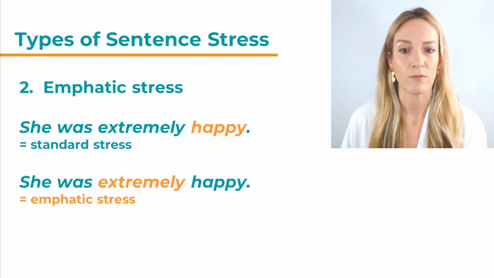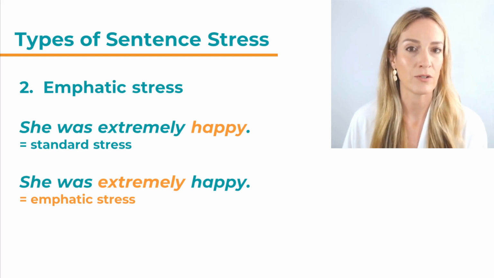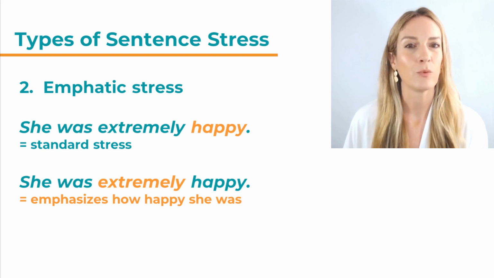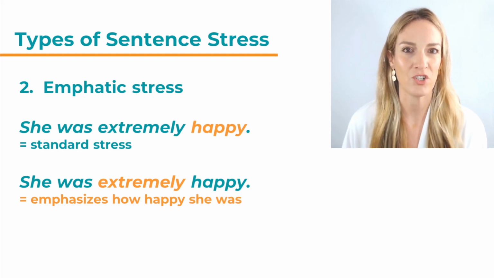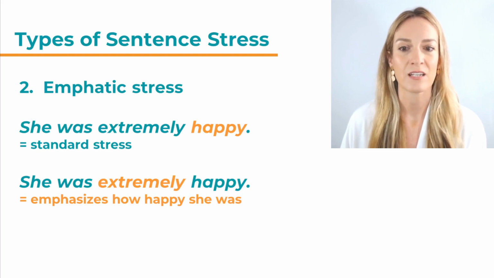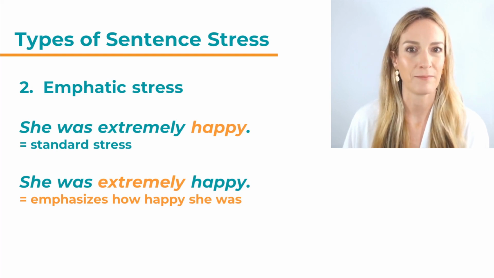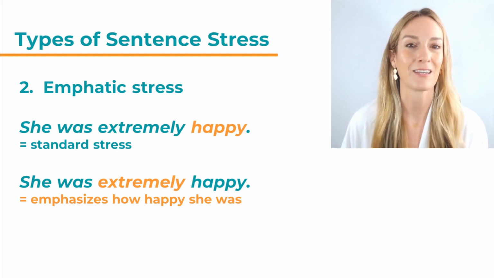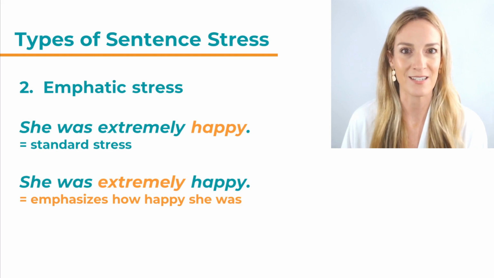So instead of she was extremely happy, we could say she was extremely happy. And extremely would have emphatic stress. And really, we emphasize how happy she was. Let's listen again. First, the standard stress. She was extremely happy. Now, emphatic stress. She was extremely happy. She was really, really happy. And this comes across through our emphatic stress.